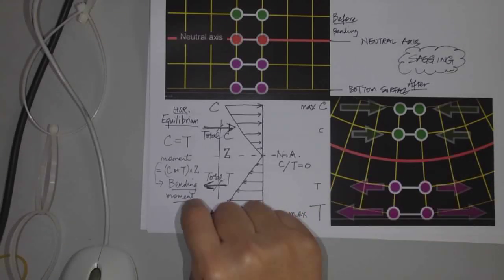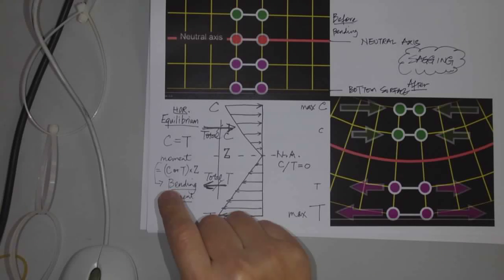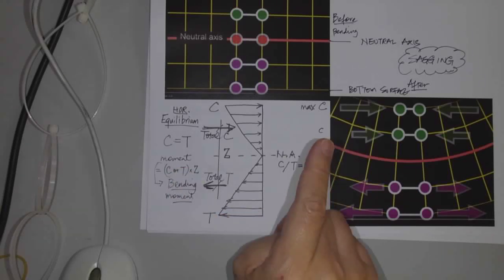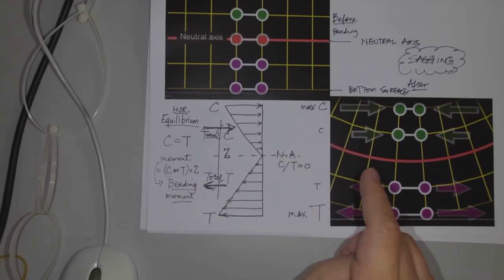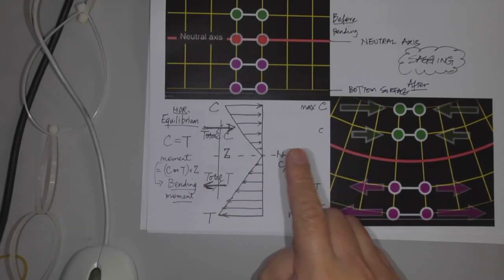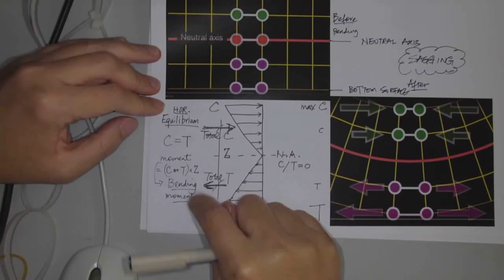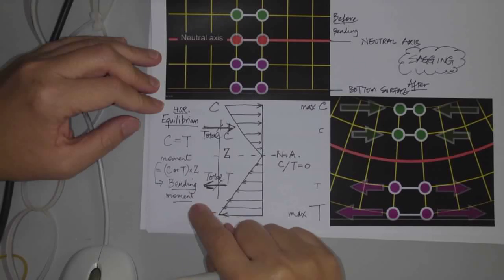So that is what we said before the break. Elongation is due to tension. Shortening is due to compression. Bending is due to bending moment, and bending moment causes bending. Okay? So that's what we mean by bending moment.